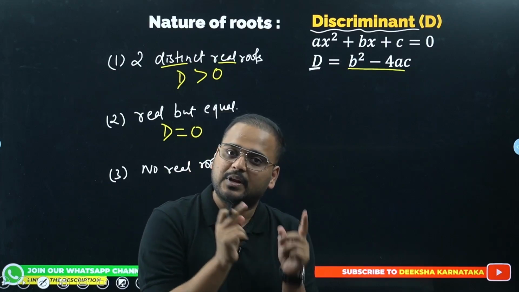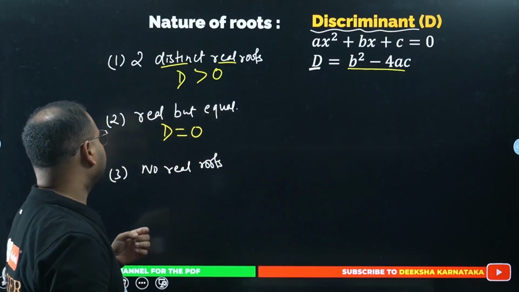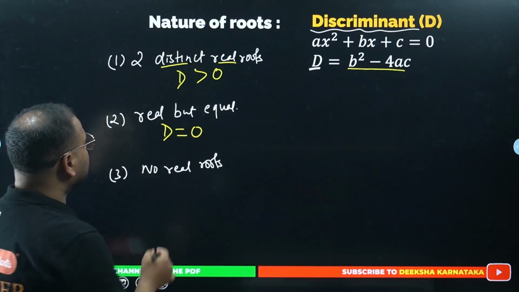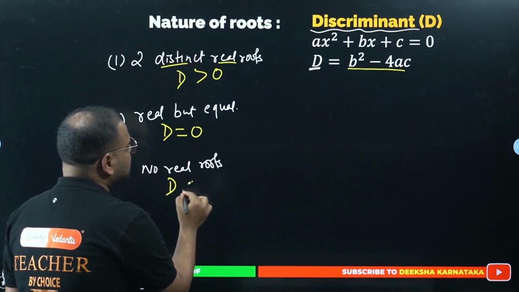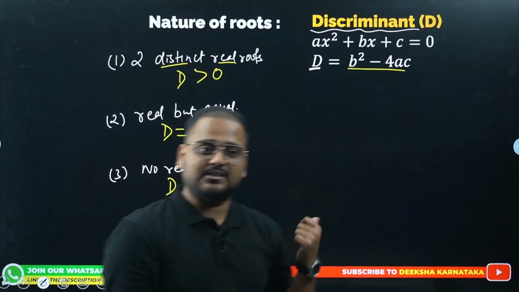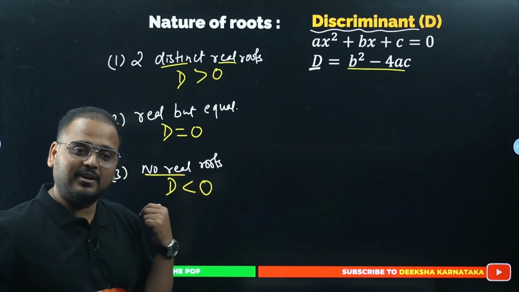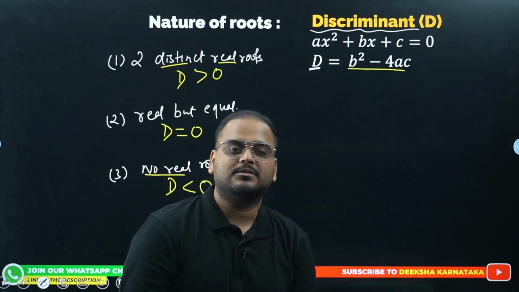They'll be real, but they'll be equal, like the case where we had -2 and -2. Now, no real roots whenever the discriminant is negative, less than 0. There's a reason why it is not real. We'll learn it in our formula method, okay. Great.